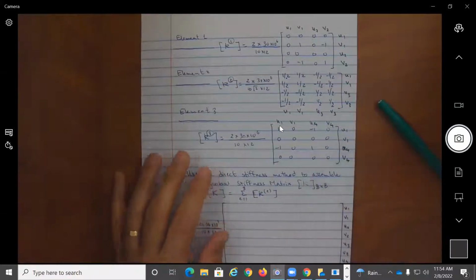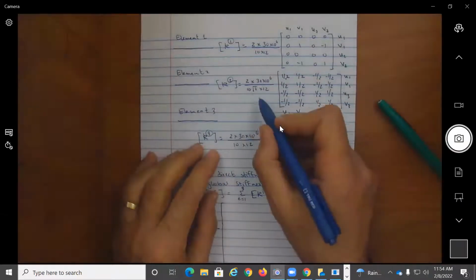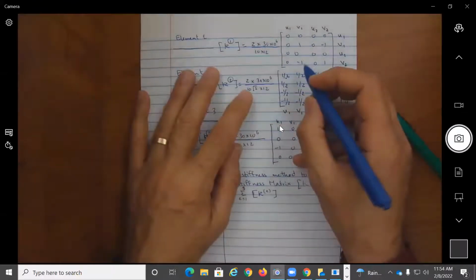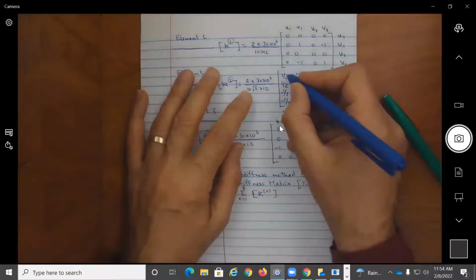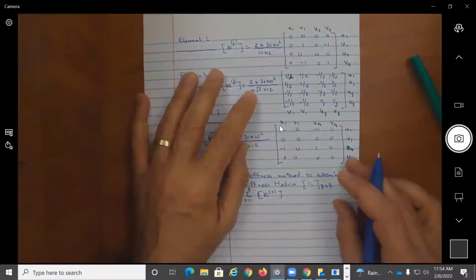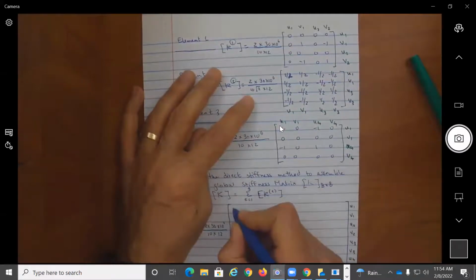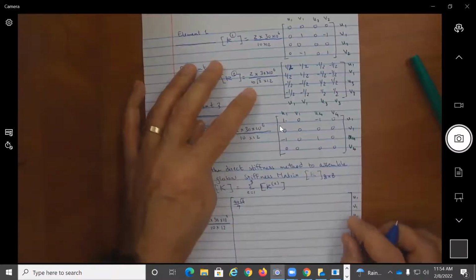If I multiply by 4 to simplify that, I can write that as 4 plus the square root of 2 divided by 4 for the first entry.